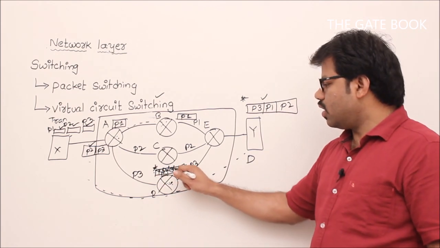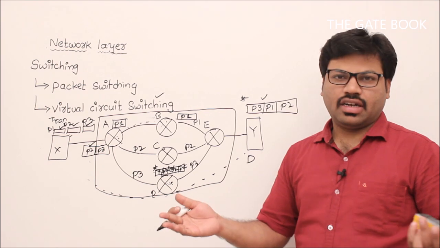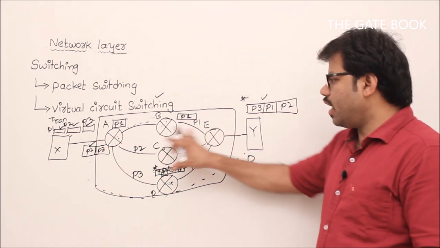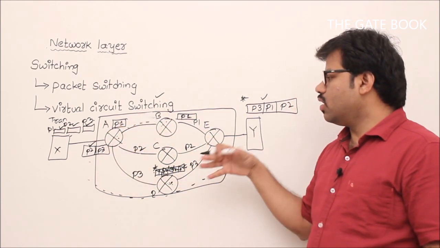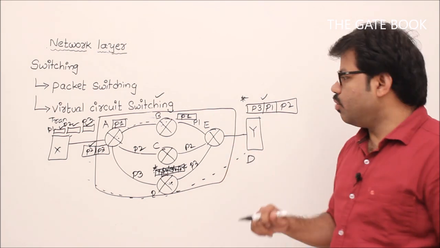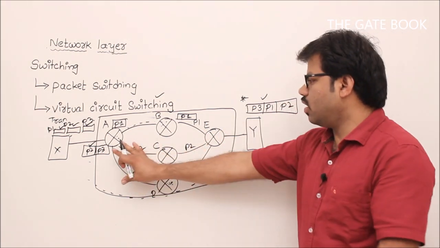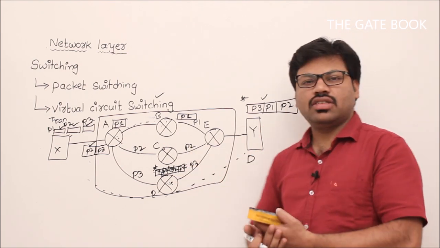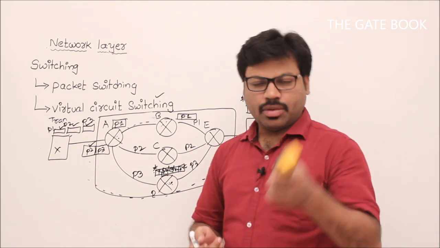Whenever buffer overflow occurs, some of the packets will be discarded. So what I want to say is, in the network layer, if the model is connectionless service, packets will simply be pushed into the network, and slowly they will come. But in this process, some of the packets you may lose, remember it.